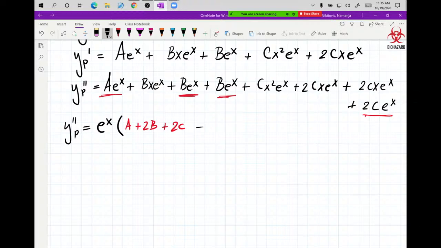And then we have plus x times, and the coefficients with that one are the blue. So this one, this one, this one. So that's b plus 4c. And then plus x squared is just the 1 is x squared.